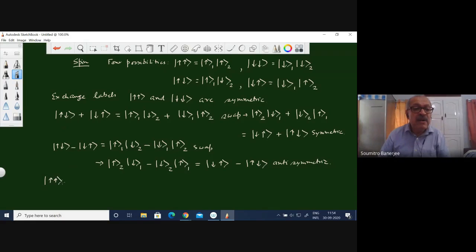Up, up, down, down, and up, down plus down, up are symmetric. And the other one, up, down minus down, up, is antisymmetric.